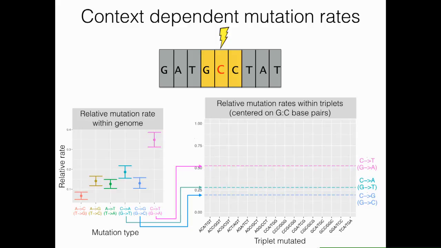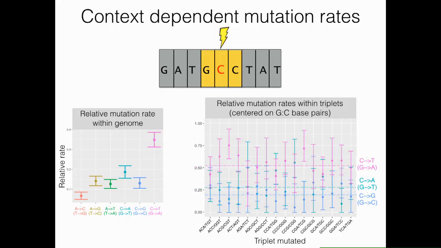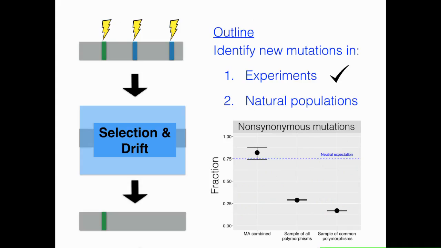For example, if I look at all the different possible triplets centered at a C base, you expect a relative rate of C to T, C to A, and C to G to be the most to the least common. If we look at our MA data, you find that it's kind of hard to distinguish whether there's any variation in this mutation spectrum across the triplet context. And so overall, the MA experiments are really the gold standard for identifying the actual mutation rate.